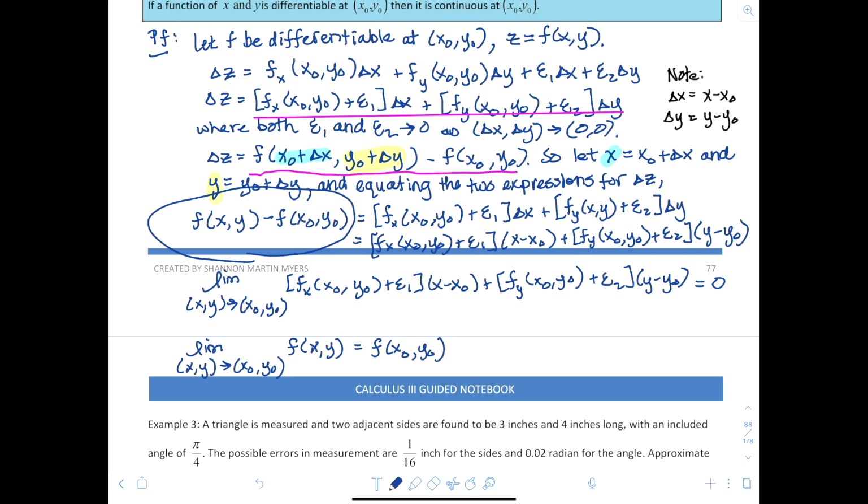And what does that imply? That means that f is continuous at x0, y0. And we're done. Cool, cool?